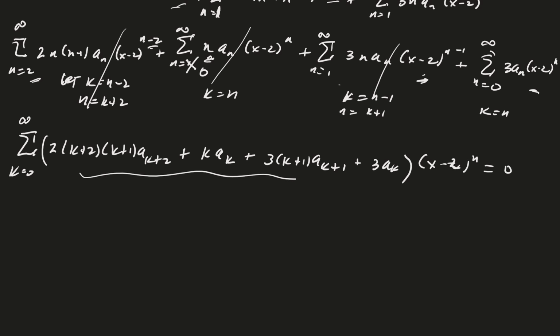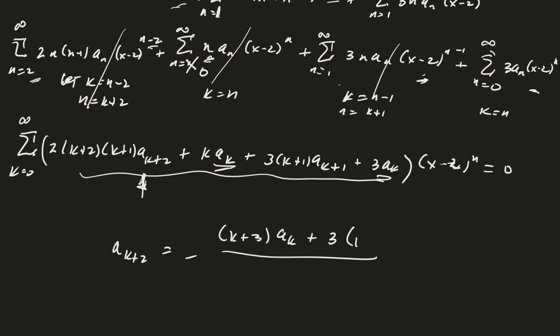And so this now gives us our recurrence relation. You always solve for the last one here, a sub k plus 2. So a sub k plus 2 is equal to minus, bring the a sub k's together. I'm going to put the minus out in front here.